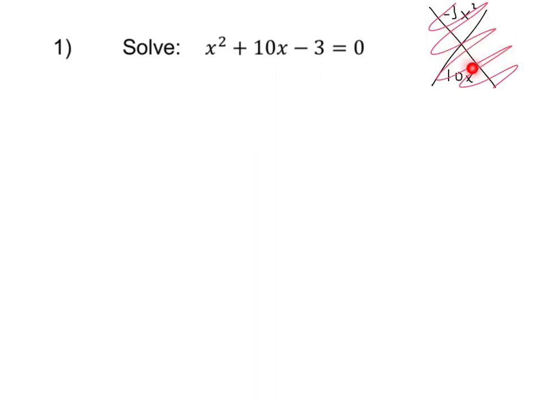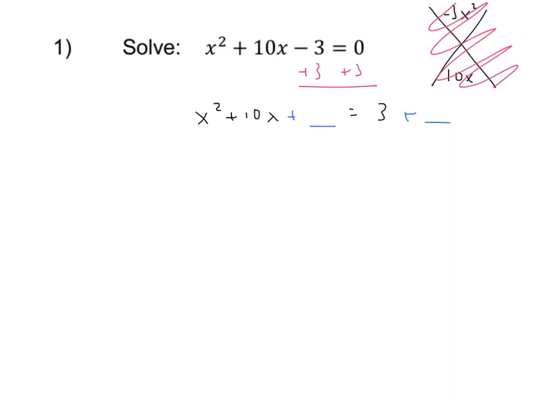So this one, we can do completing the square. Let's try to do that real fast. First step, we add 3 to both sides, and then we have x squared plus 10x equals 3. Now we have to add our special number. Remember our special number?